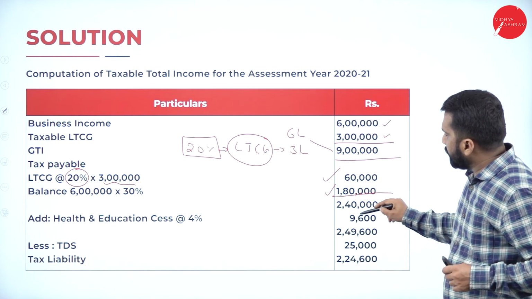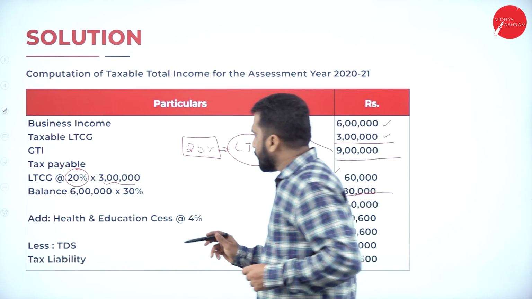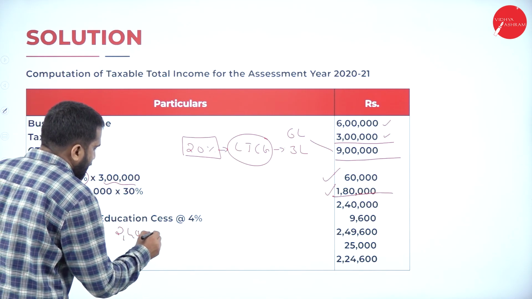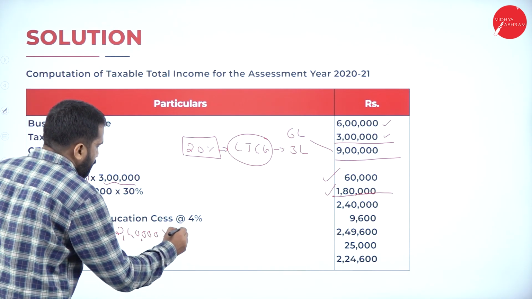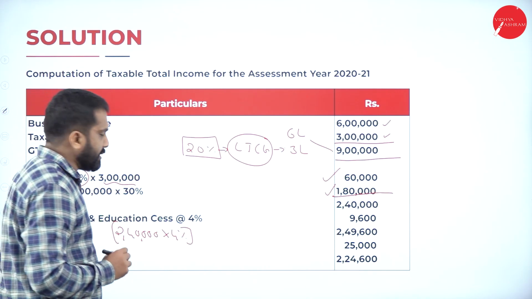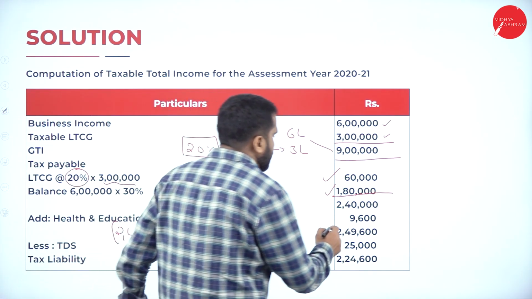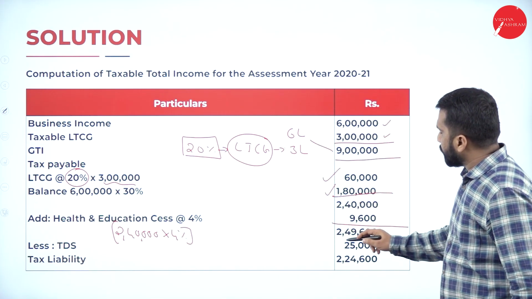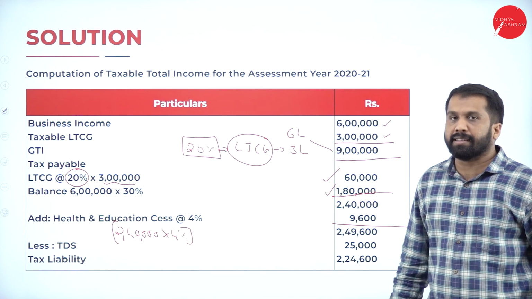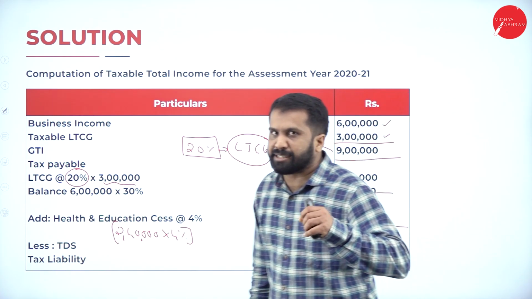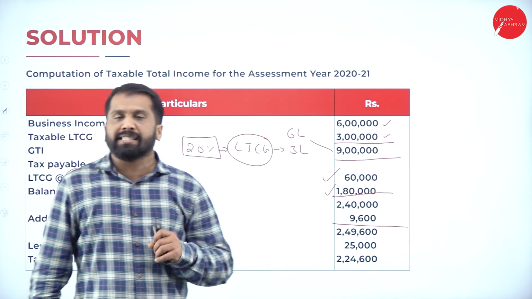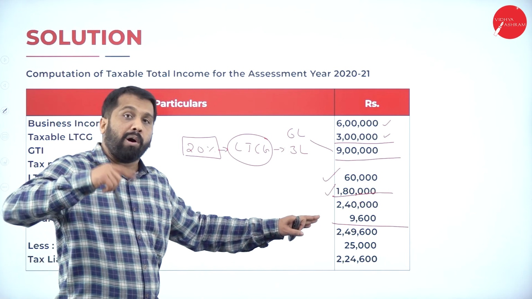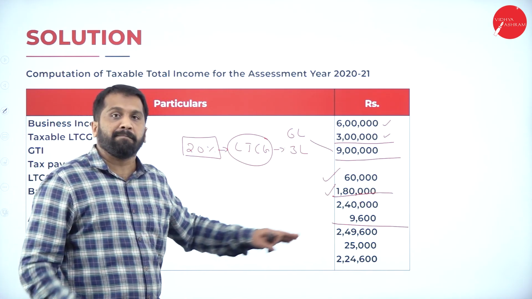2 lakh 40. And on 2 lakh 40,000, calculate 4% education cess. 2 lakh 40,000 into 4%, 9,600. 2 lakh 40 plus 9,600, 2 lakh 49,600. This is your actual tax payable. So, as I told you, your tax payable is 2,49,600.